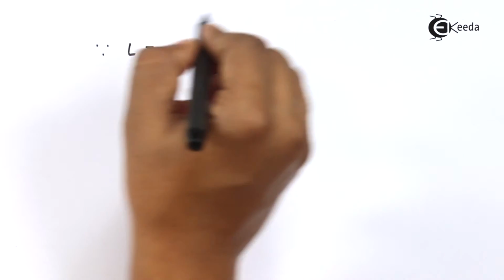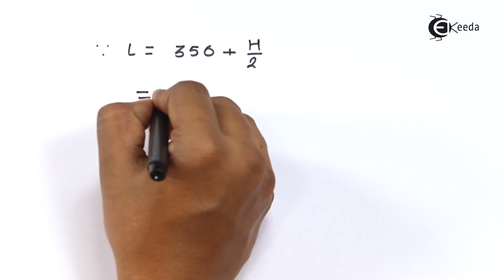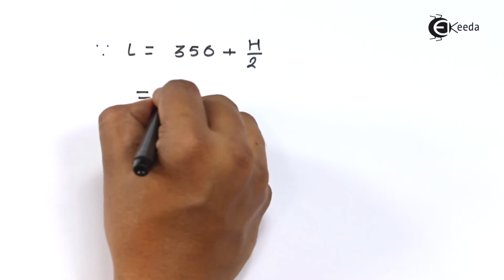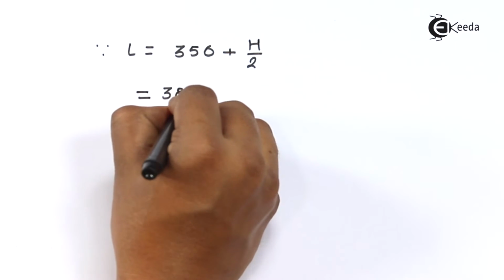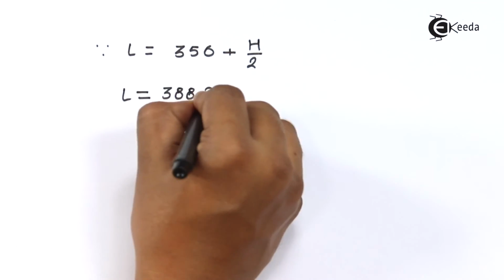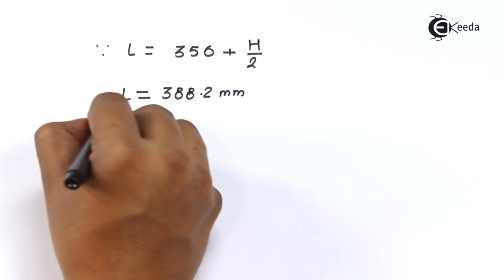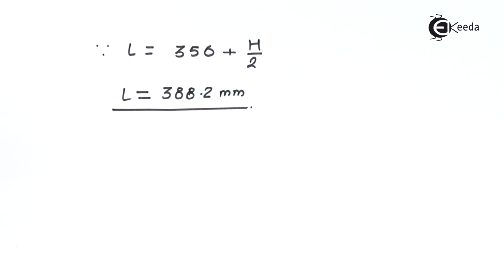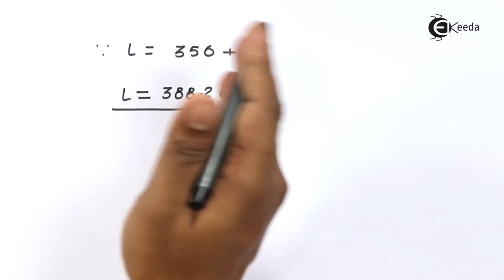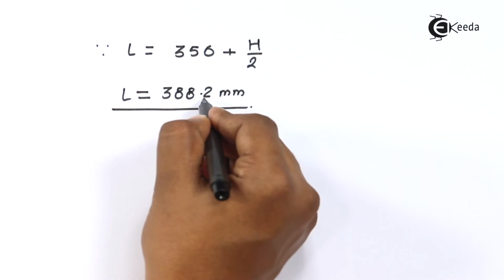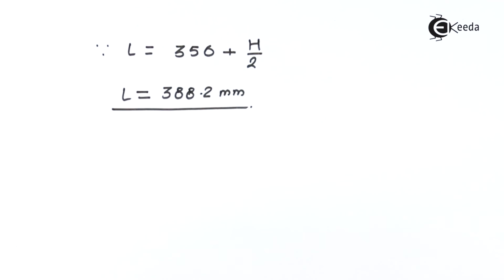H is the height of the screw thread that we have considered. So the total comes out to be 388.2 millimeter. Now this particular length can be configured to even decimal values, and hence it is a possible dimension.